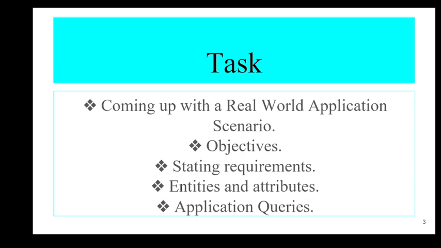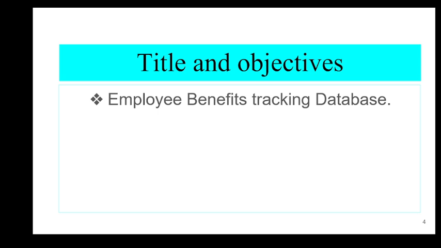So we are going to come up with a real world scenario, then we state objectives, extract the entities and attributes, then we have the application queries, which we are going to use SQL to implement. So our real world problem was employee benefits tracking database. So this is the title of our problem.